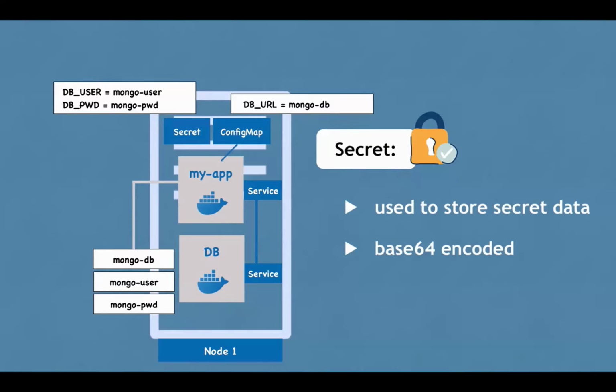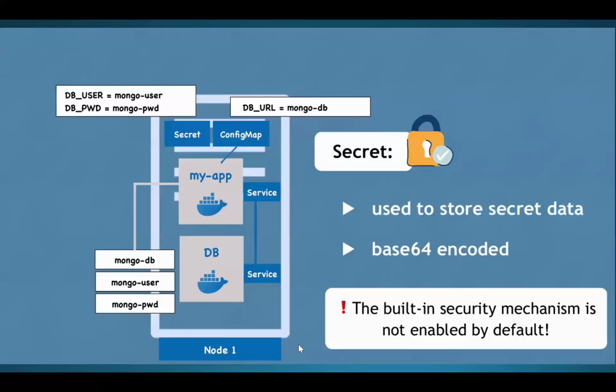So on behalf of your readable password, it will give you some generated string. That string you have to store over here so that no one in the future comes to know. The built-in security mechanism is not enabled by default. So basically you have to do all these things, storing base64 encoded values. This part you have to do by yourself. Kubernetes will not do it on your behalf.